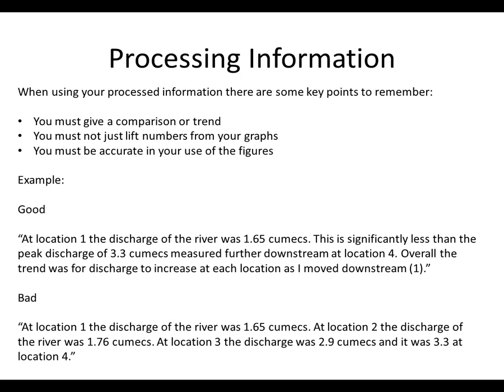Now that seems pretty obvious and pretty straightforward, and you're thinking a person marking this should be able to see that 1.65 is less than 3.3. But the SQA are expecting you to explicitly tell them that when you write it, all right? And that's one of the key things we need to remember. Again, treat it like you're writing it to somebody who's not got a clue about geography or numeracy or numbers, yeah?